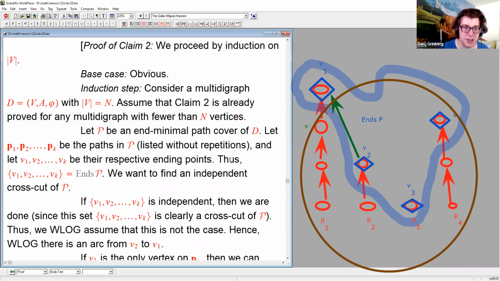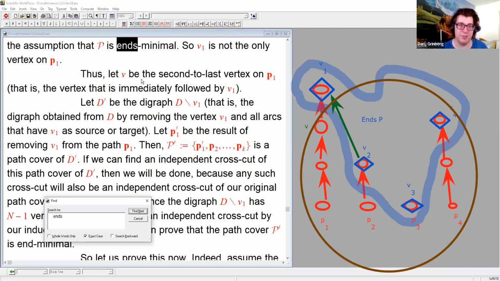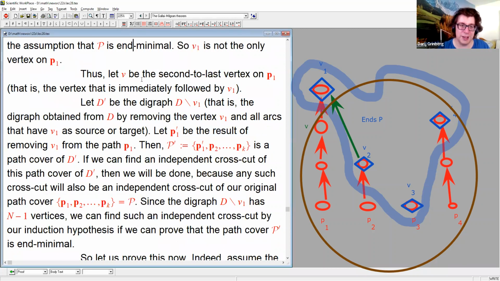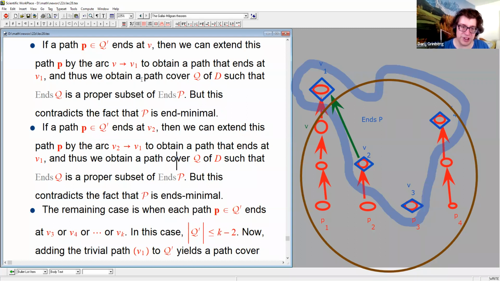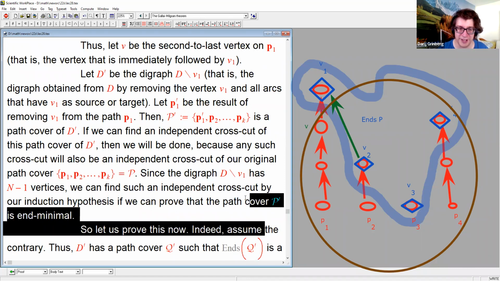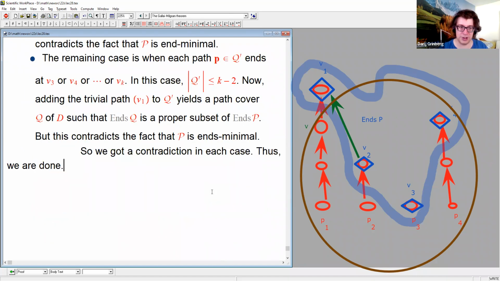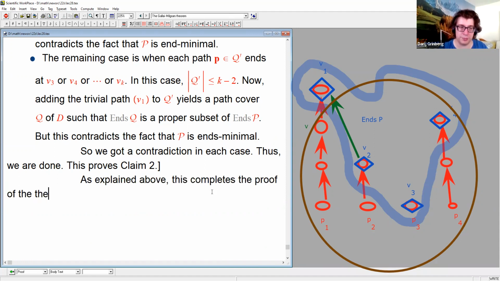I should say end minimal, not ends minimal. Anyway, the path cover P prime is end minimal, so we can apply the induction hypothesis, so we can find an independent crosscut, and that's also an independent crosscut for the original digraph. Okay, this proves claim 2. As explained above, this completes the proof of the theorem.